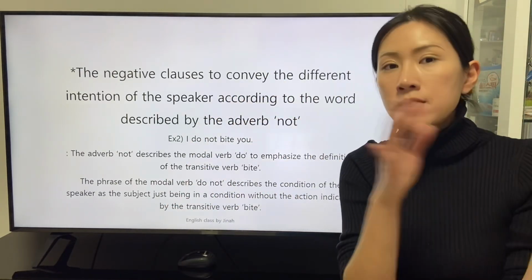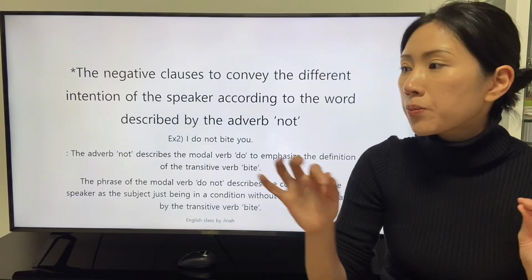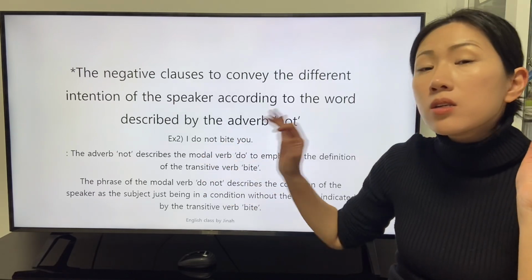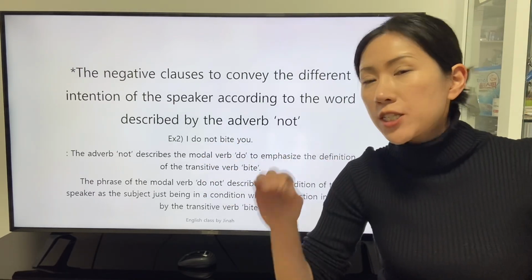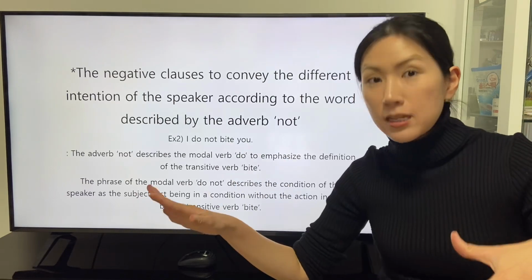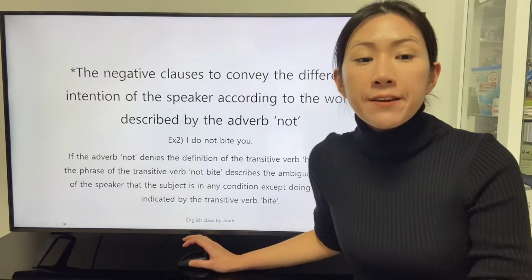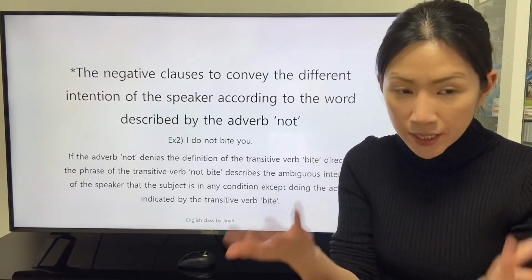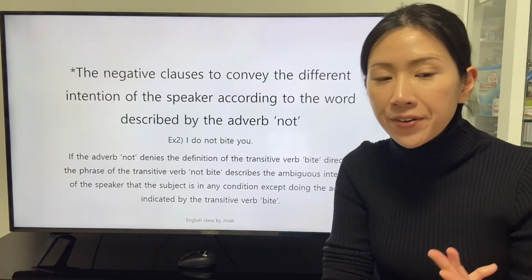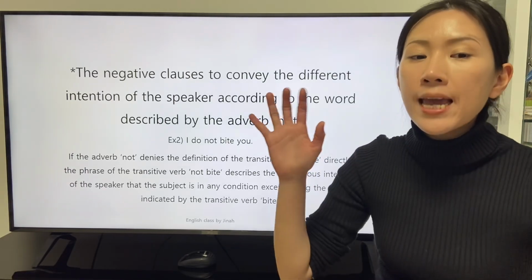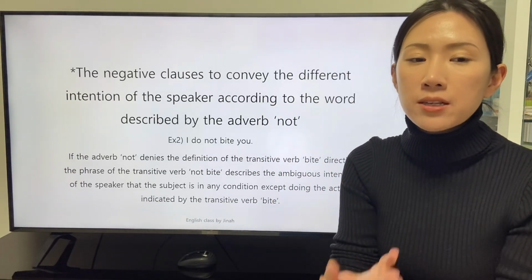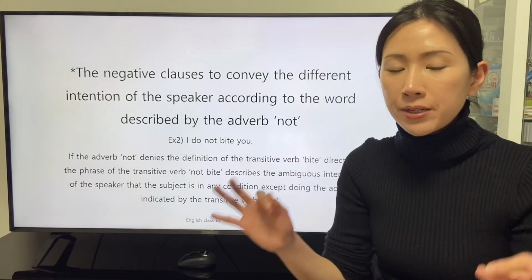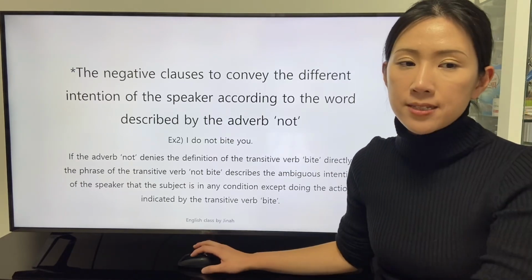Any experience, condition, or action can be stated with the clause that the adverb not describes the definition of the transitive verb bite directly. If the adverb not denies the definition of the transitive verb bite directly, the phrase of the transitive verb not bite describes the ambiguous intention of the speaker that the subject is in any condition except doing the action indicated by the transitive verb bite.